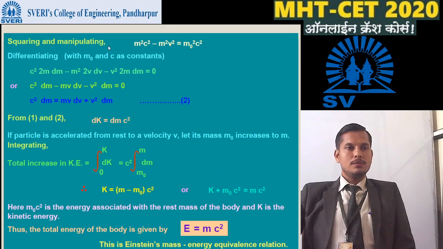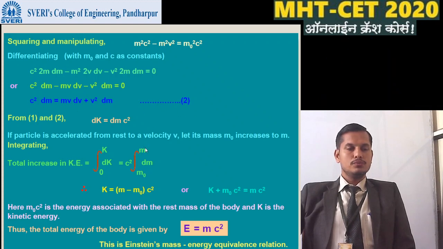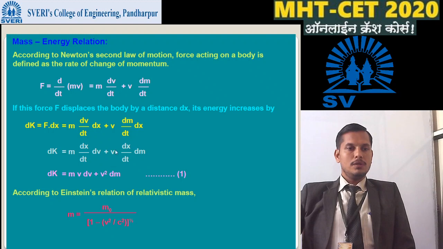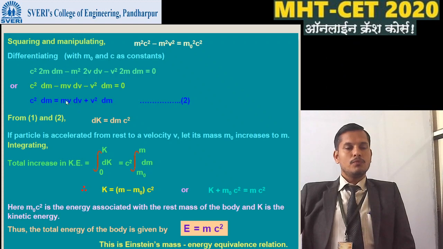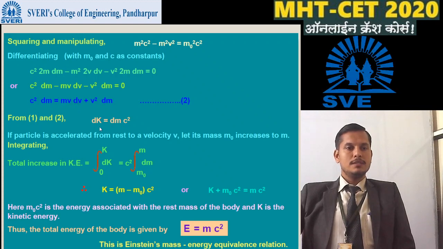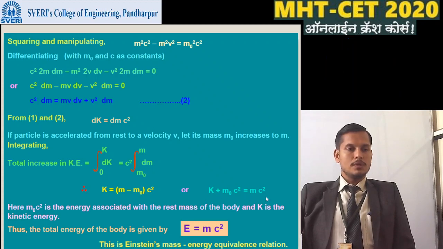Squaring and adjusting this term, then differentiating, we get this equation. Taking twice m common and adjusting it, we get equation number 2. If we compare equation 1, dK is equal to mv dv plus v square dm, and equation 2, c square dm equal to mv dv plus v square dm, the RHS is the same, so we get dK is equal to c square dm. For the total increase in kinetic energy, taking integration, we get K plus m0 c square, which is equal to mc square.